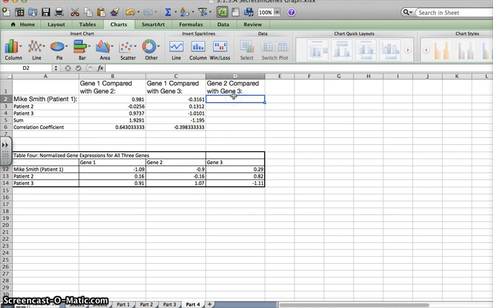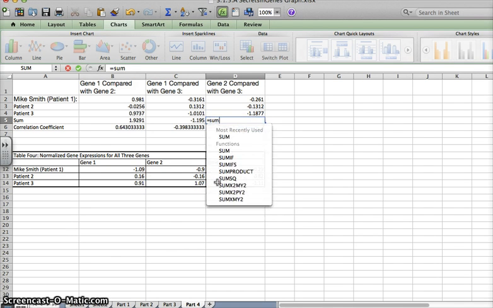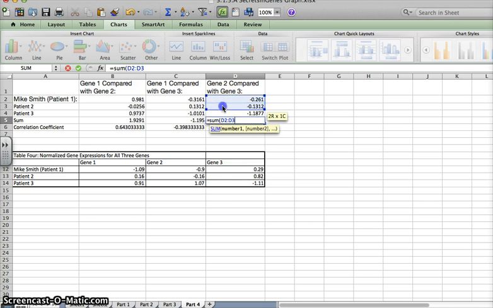And then finally we take gene 2 and gene 3, so that times that equals that times that, equals gene 2 times gene 3, equals sum. And then we take that number and divide it by 3.